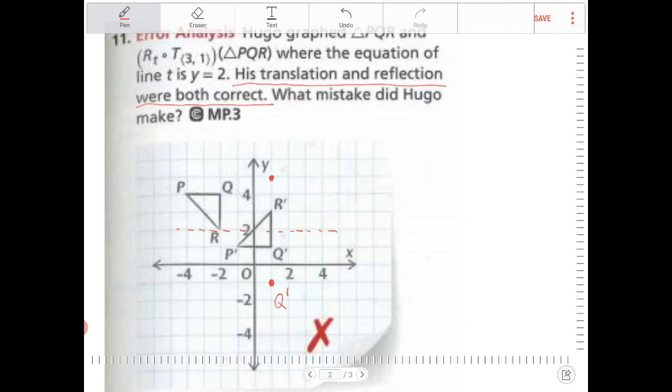And then where would P end up? If I translate 3 over and 1 up, P would end up over here. And then if I reflect this over line y equal to 2, where would it end up? It would go 4 below. It would be right here. This is where P would end up.